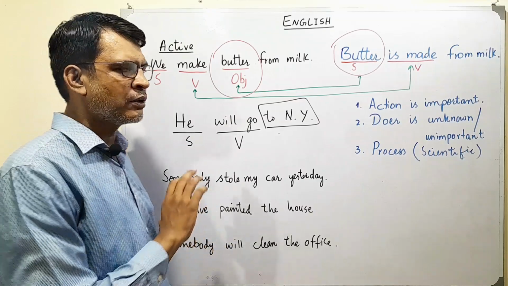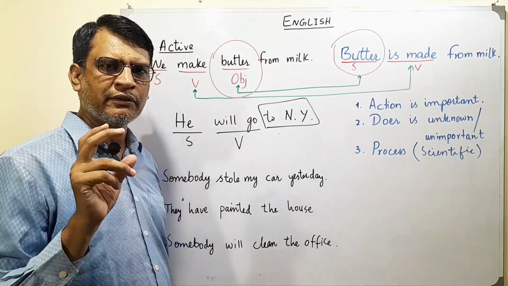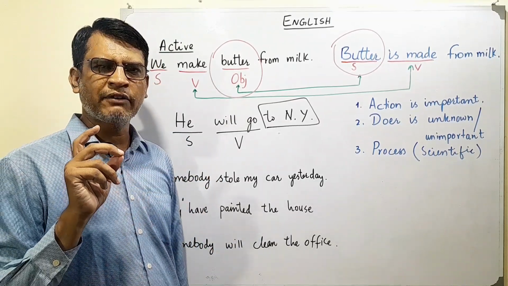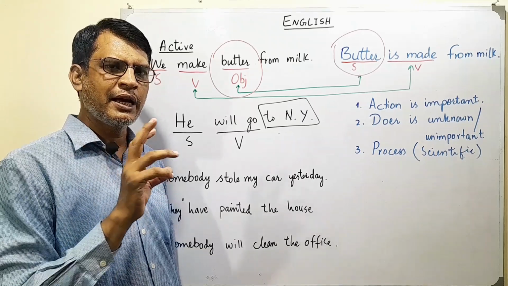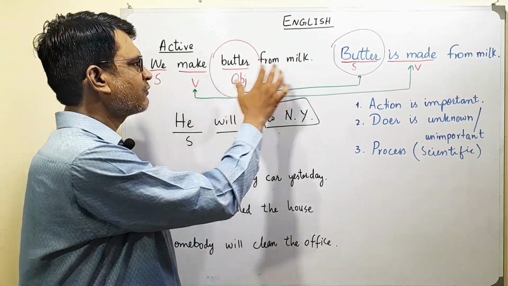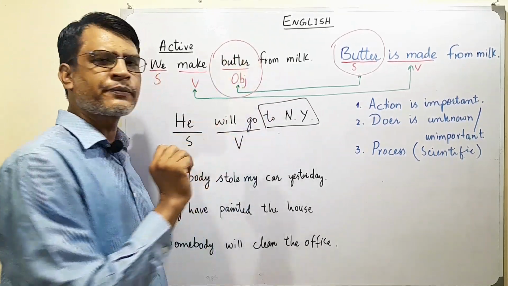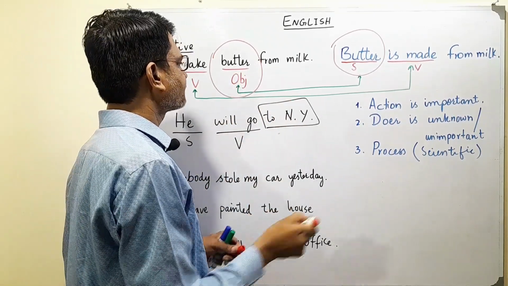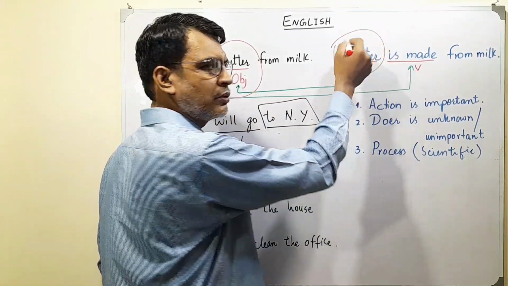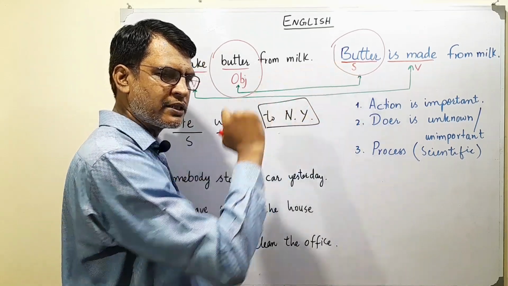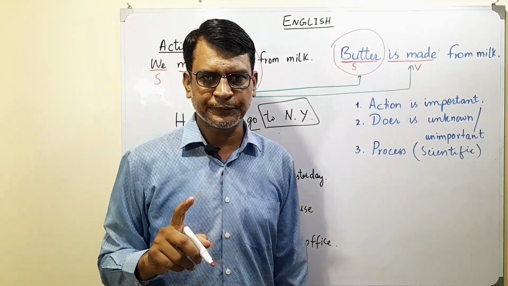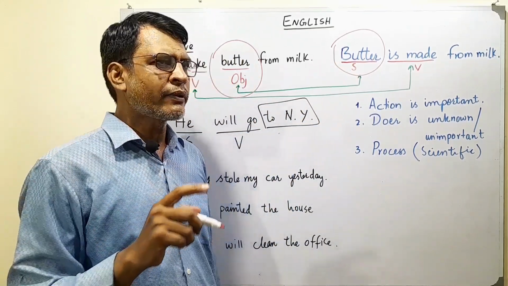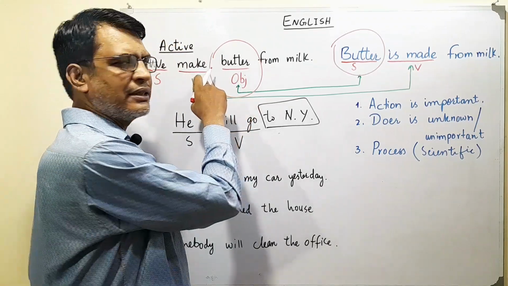So very firstly you have to check whether a sentence has an object. Like in this case, we make butter from milk, so butter is an object. We change this butter to the subject of the passive sentence. That's the first thing. Second, again, check what tense is used.